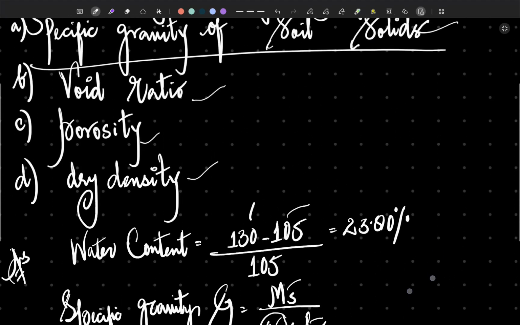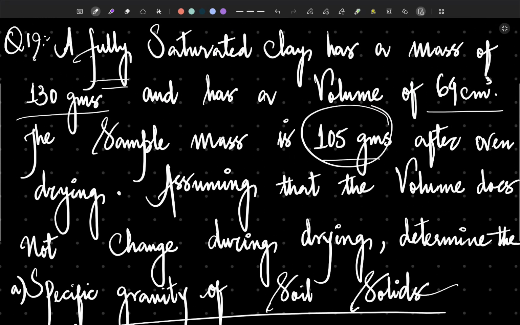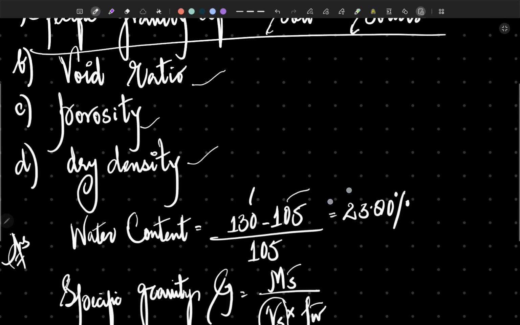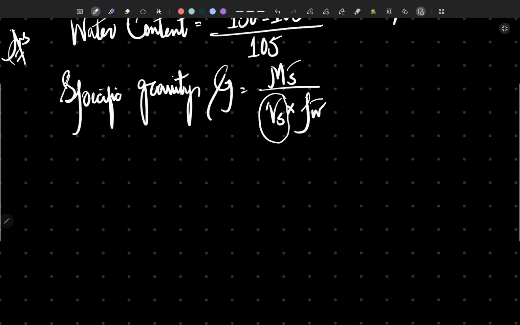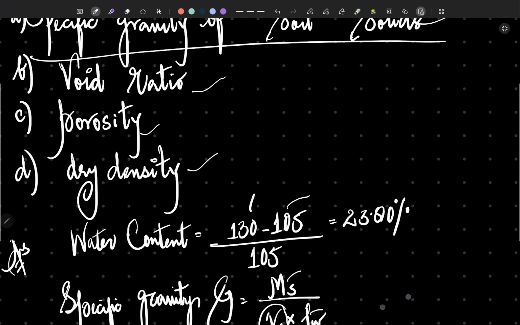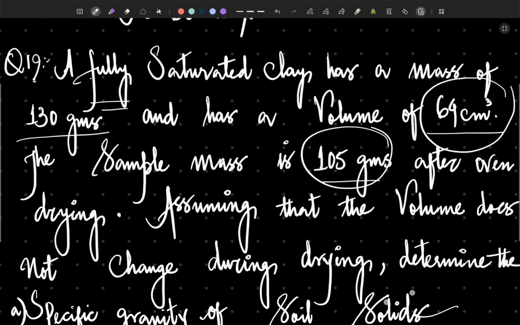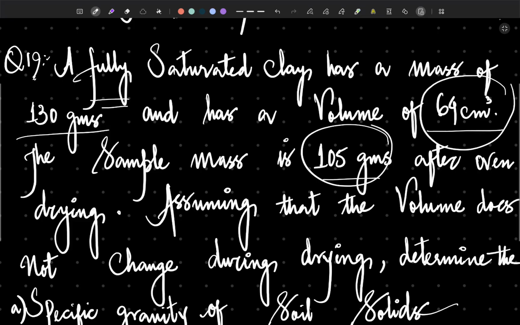Let's get back to the question and see what data has been provided. A fully saturated clay has a mass of this much and a volume of 64 cubic centimeters. So we have to find this out.